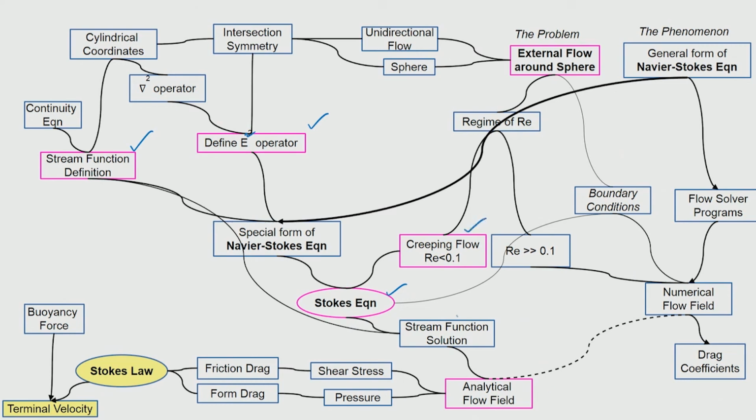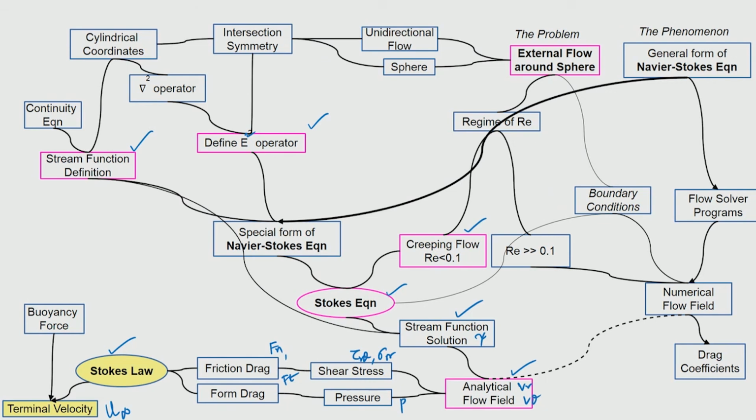And then from there we sought the solution of the stream function psi, and that gave us the velocity components Vr and V theta, and then from there we got the tau r theta and then the sigma r, then we got the pressure, from there we have got the forces, and from there we got the balance with respect to the weight of the solid, and then we got the Stokes law, and the velocity at which the forces are balancing, we very often call the terminal velocity u infinity, or in our problem it is just u.